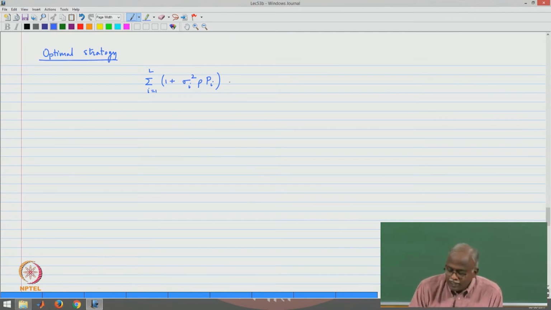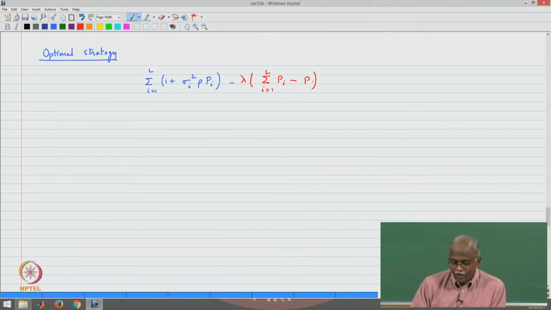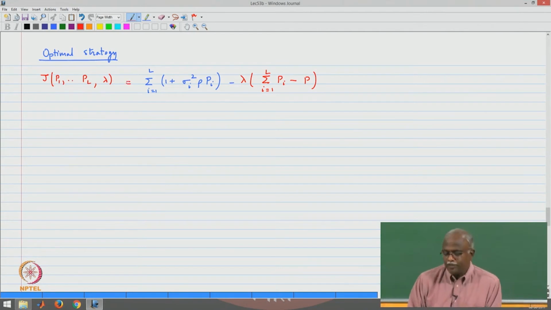Now, this would be subject to a power constraint, lambda times summation I equal to 1 through L of P subscript I minus P, where P is the total power. So, that would be the constraint, and we would then write down the objective function using the Lagrangian method, where we want to find these different power allocations P1 through PL, comma lambda. So, the objective function is written in terms of this.